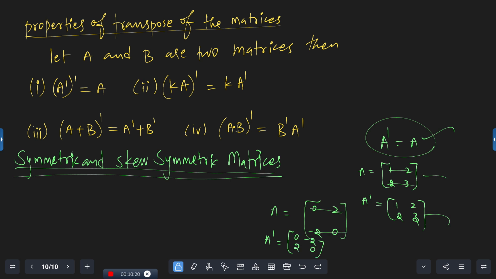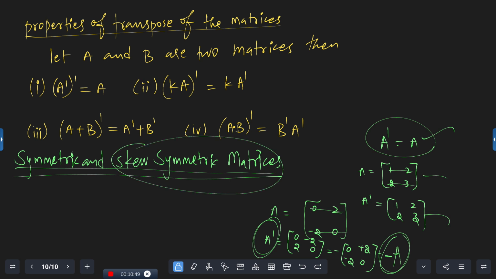Now to bring back the original, you can take minus outside; inside, the elements get the opposite sign. 0 stays the same, it will be plus 2, minus 2, 0. Now it looks like the matrix again. So this one we can say is minus A. When you take the transpose, if you get minus A, that is called a skew symmetric matrix.